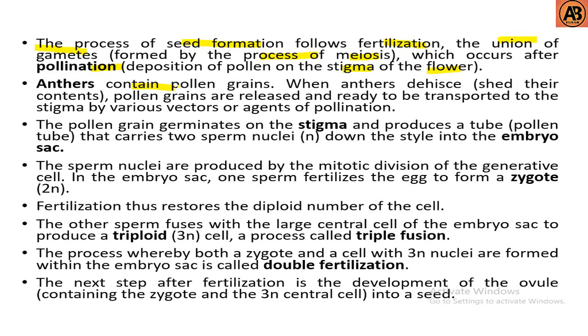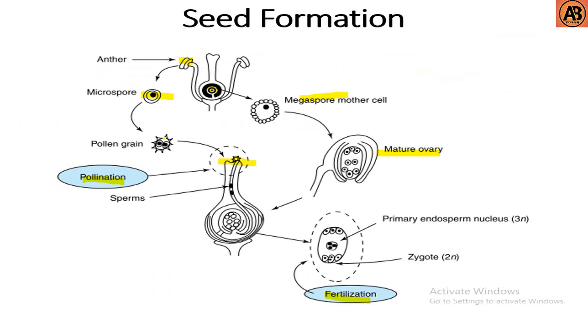The anther contains pollen grains. When the anther dries, pollen grains are released, ready to be transported to the stigma by various vectors or agents of pollination. That means different types of agents help to dehisce the pollen grain onto the stigma to create pollination.